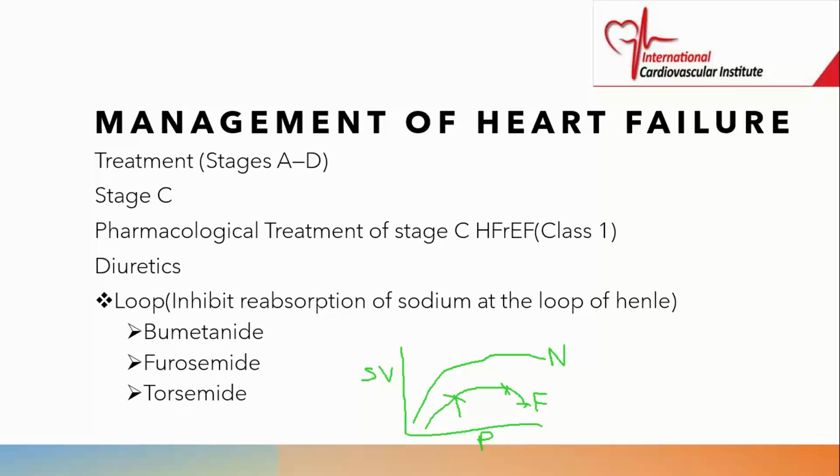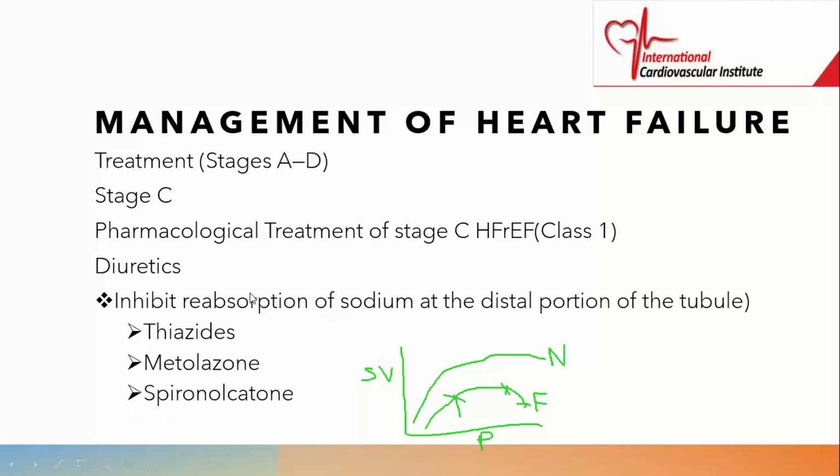Then we have the other type of diuretics, which inhibit sodium at the distal portion of the tubule. So the loop diuretics inhibit sodium at the loop of Henle, and these diuretics inhibit the sodium reabsorption at the distal portion of the tubule.